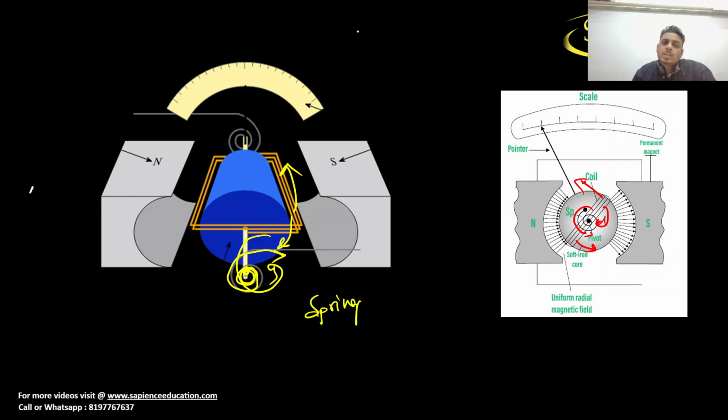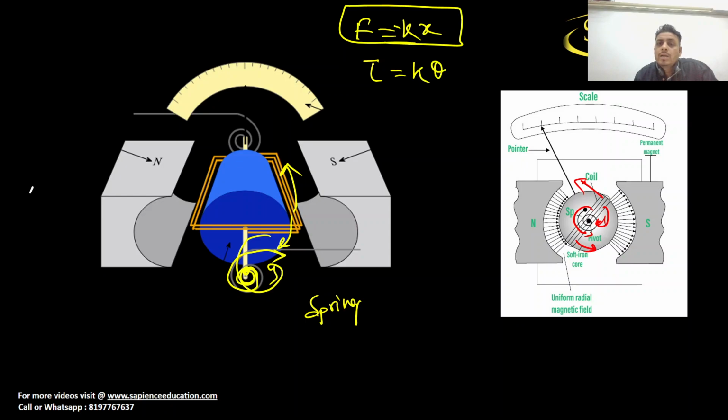We know that the spring force is equal to minus Kx, we have already studied in class 11. But here it won't work, because it is a rotational torque. So the torque will be equal to K into phi. This is known as the restoring torque.